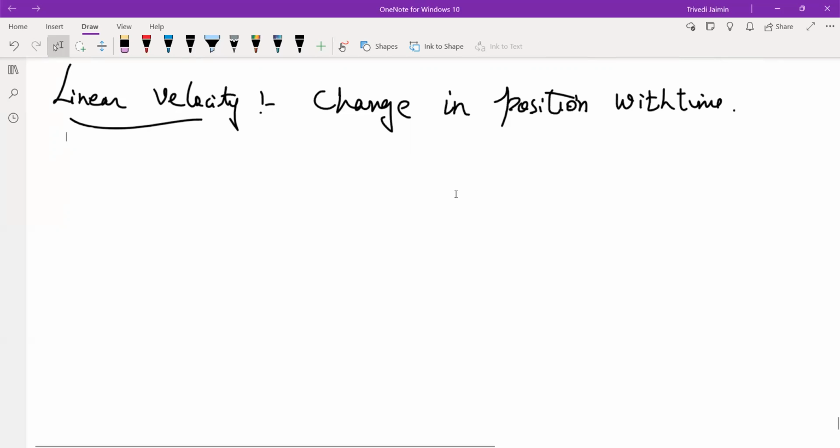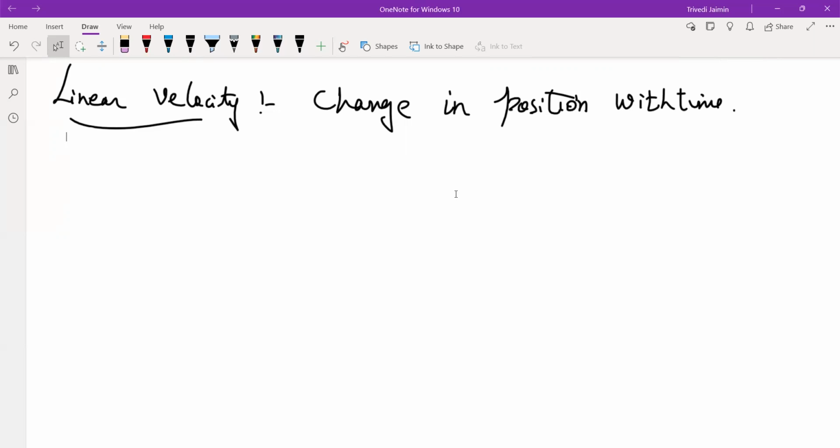And what is average velocity? Total displacement over total time. We are taking the average of that. How do we generally find an average? We divide total marks by total subjects.